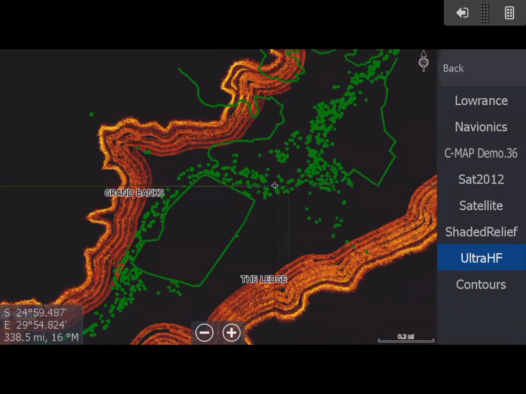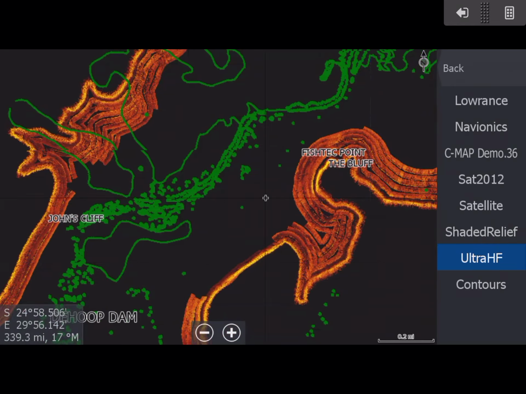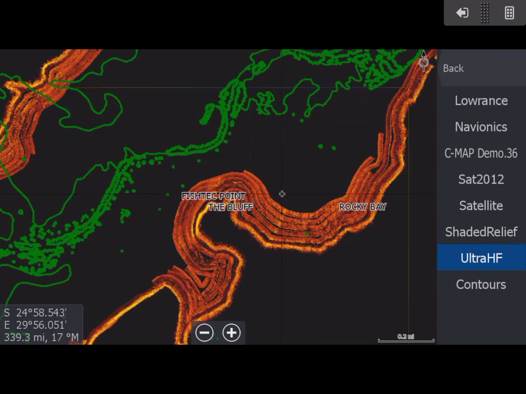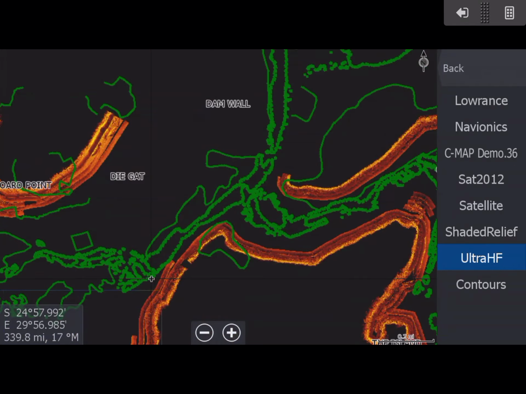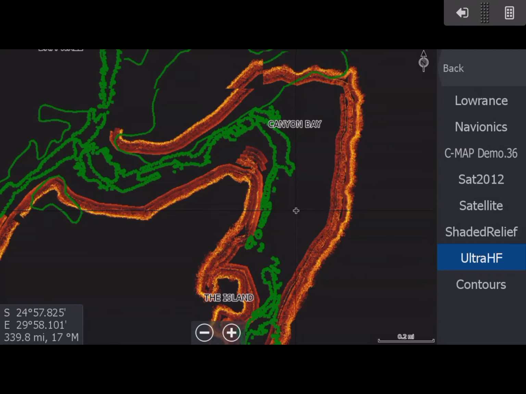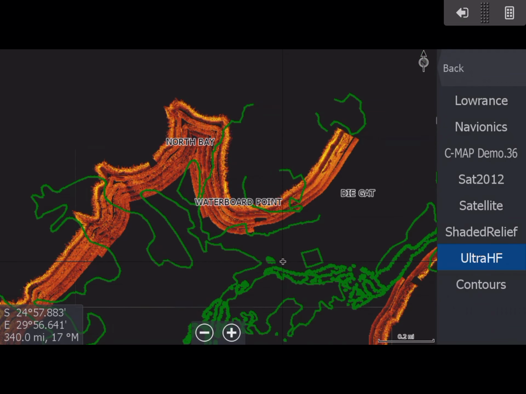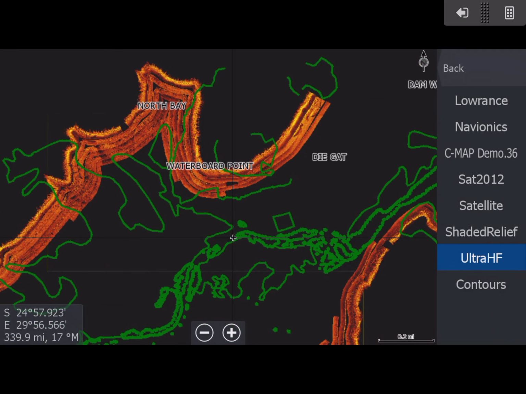But like I said, guys, this Ultra HD is not going to be very pretty because it was man driven. But I think in the case of something is better than nothing.